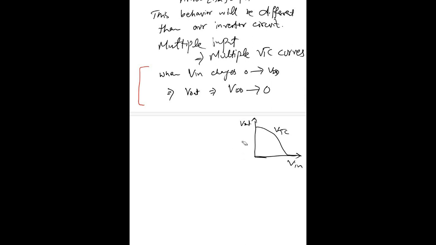So we have a curve like this, which was known as the VTC curve. But when we are talking about our NAND gate, the case is much different. Why is it different? Because we have multiple inputs.